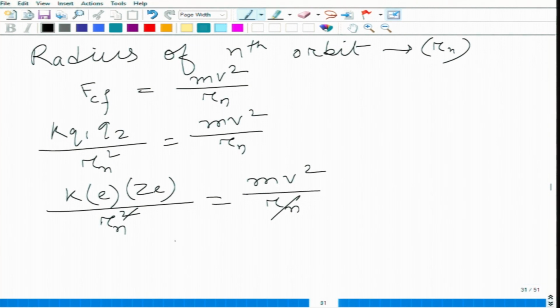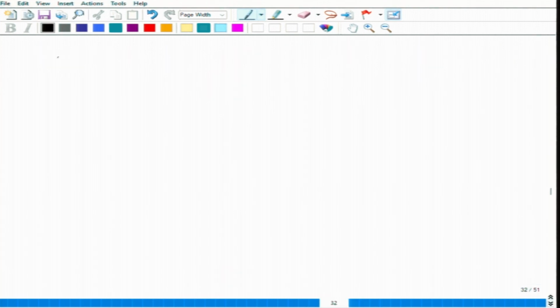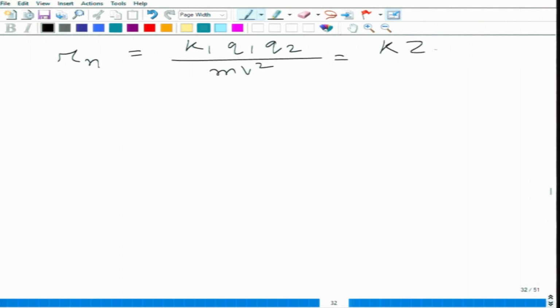So, this becomes K Ze square by Rn equal to mv square. So, Rn will be equal to K Q1 Q2 by mv square, that is equal to K Ze square by mv square.